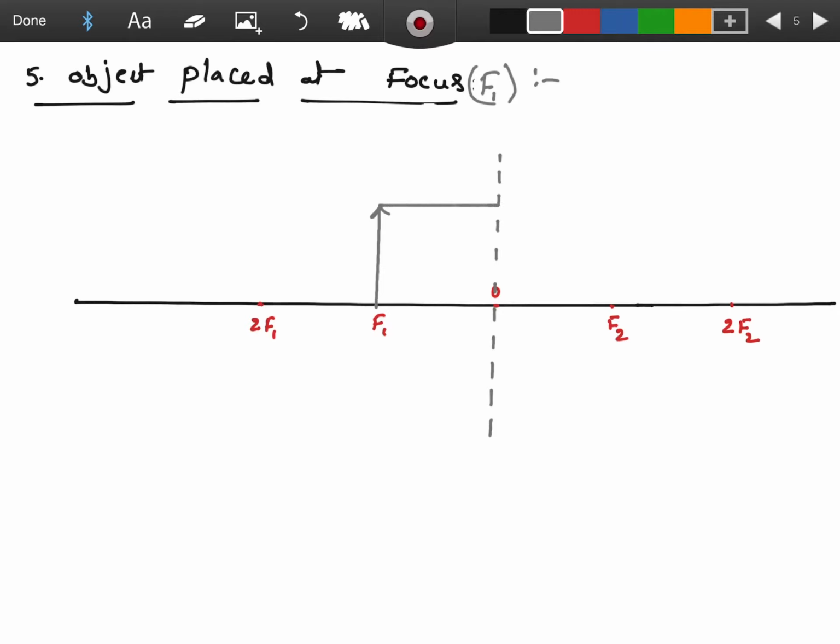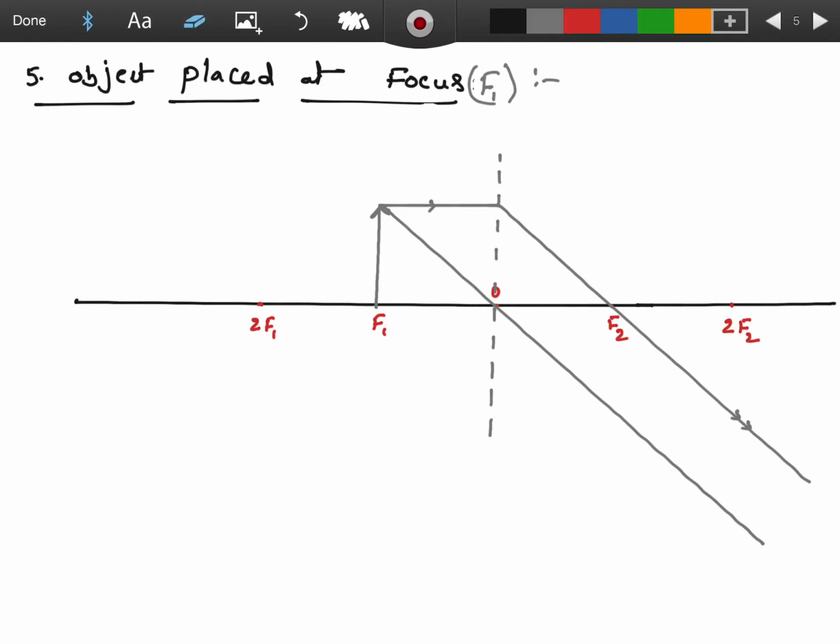After refraction it will pass through f2. This is the first refracted ray. Second incident ray, I am taking the light ray which is passing through optic center. After passing through optic center, there is no deviation, it will go straight.